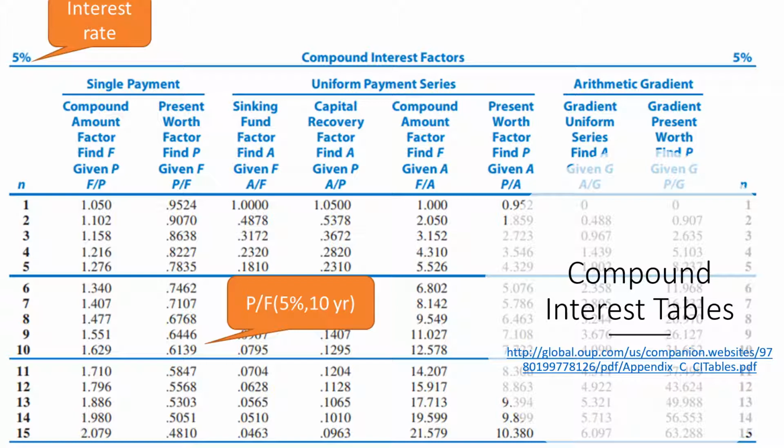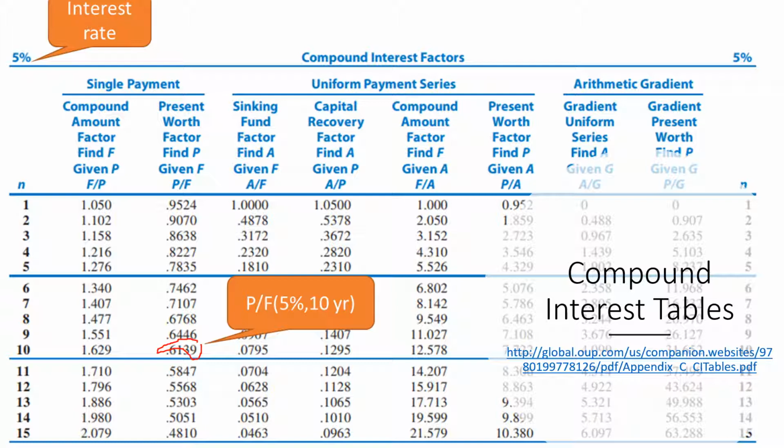And if we look here, this is a present worth factor, find P given F. So here's our P over F factor. Because this is in year 10, we'd have a P over F of 0.6139 for an interest rate of 5%. We also have, in this case, P over A. That would be this column here.